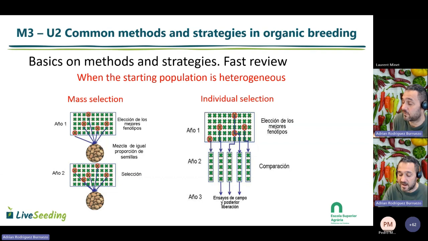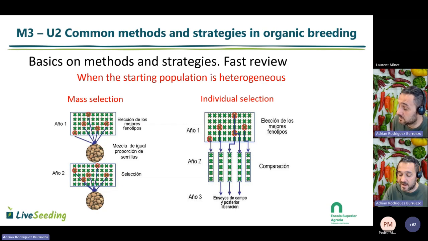The seeds from those selected individuals, I'm not tracking individually the offspring of each individual. This is mass selection because I mix in a massal way the seeds from the selected individuals. Well, this is mass selection, briefly.